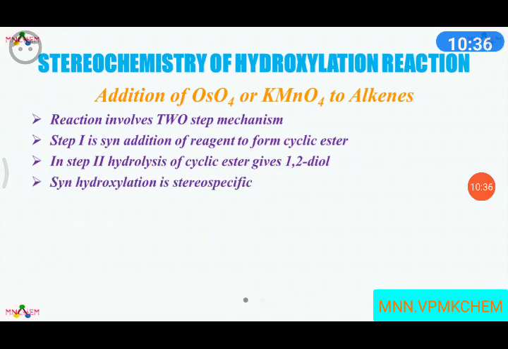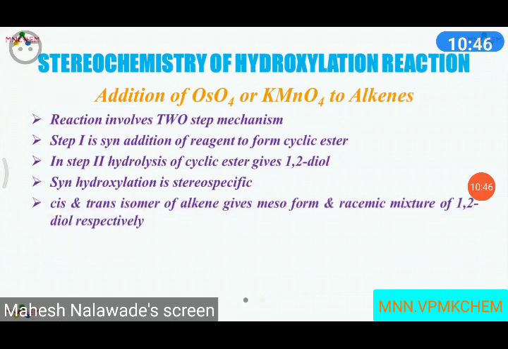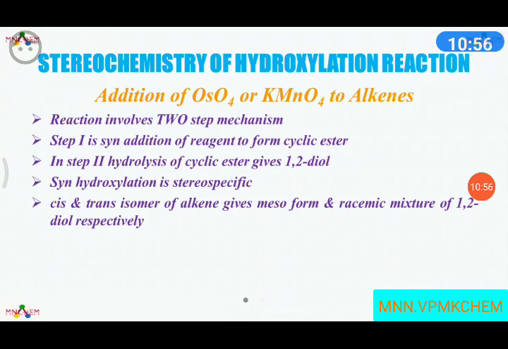This is a syn addition reaction, and syn hydroxylation reactions are stereospecific in nature. When I say stereospecific, it means if I start with cis or trans isomer of alkene, it gives meso form and racemic mixture of 1,2-diol respectively.